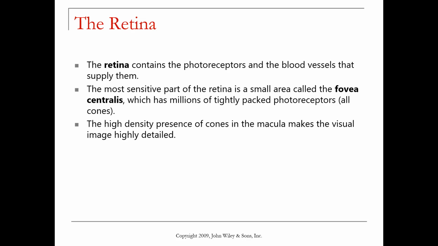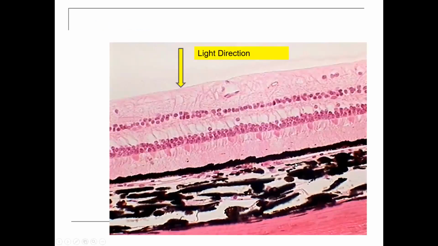We have our greatest visual acuity located in the fovea centralis. So our highly detailed images occur when light rays strike the fovea centralis.